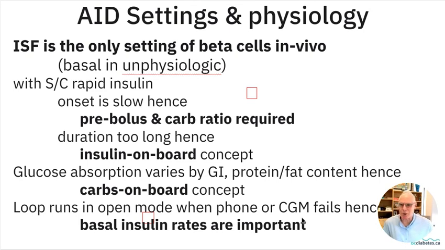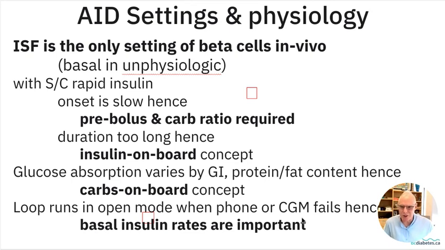Unfortunately, the rapid insulins we have are not fast enough. Onset is slow, hence we need to pre-bolus, and we need to give a carb ratio. We need to give a carb estimation so that our pump can get that insulin in up front to deal with the meal.